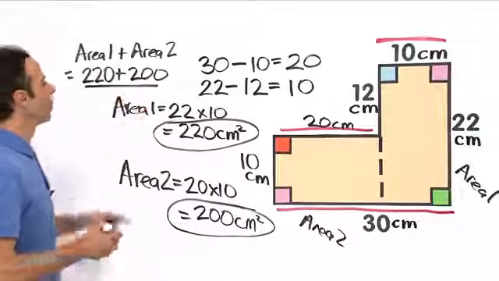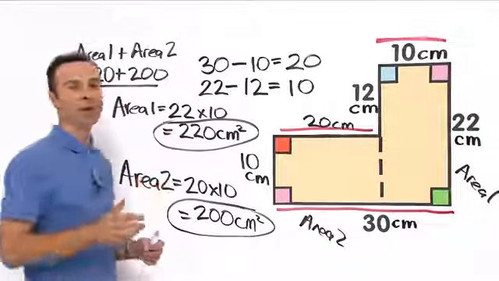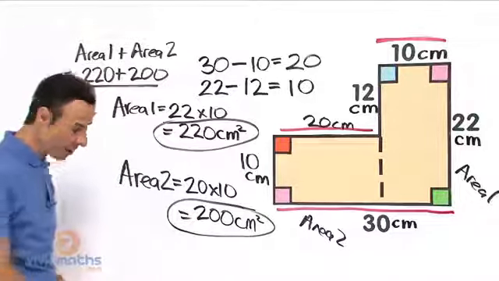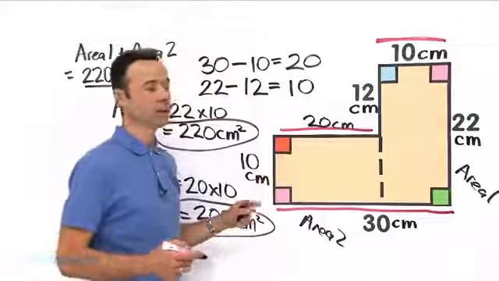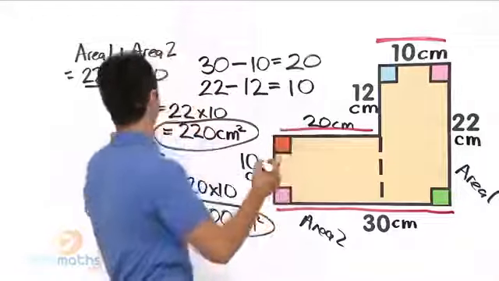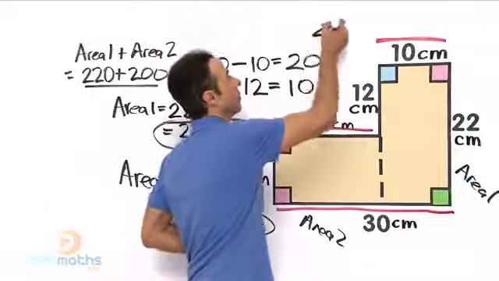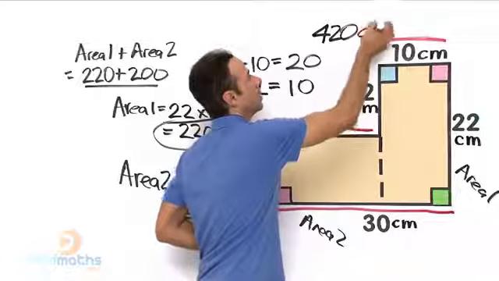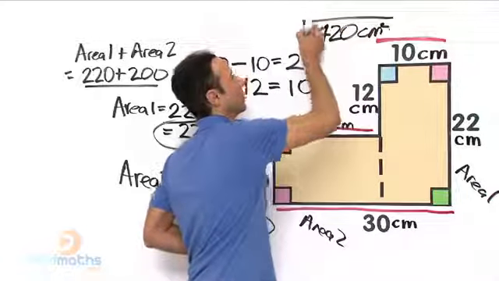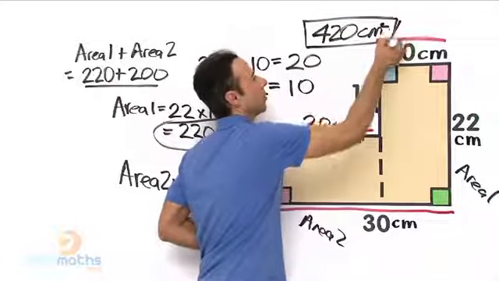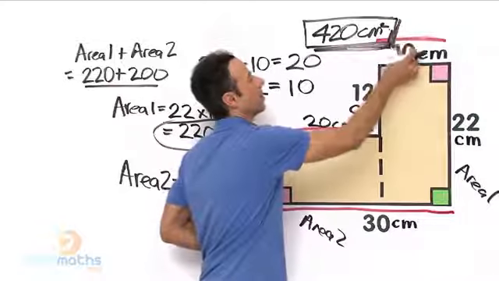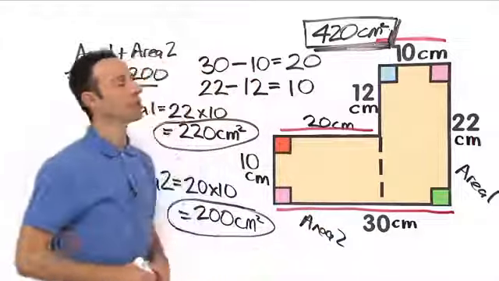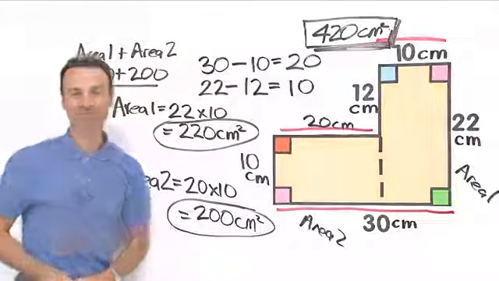Once we add them up all together, 200 plus 220 gives us a grand total of, the total area here is 420 centimeters squared.